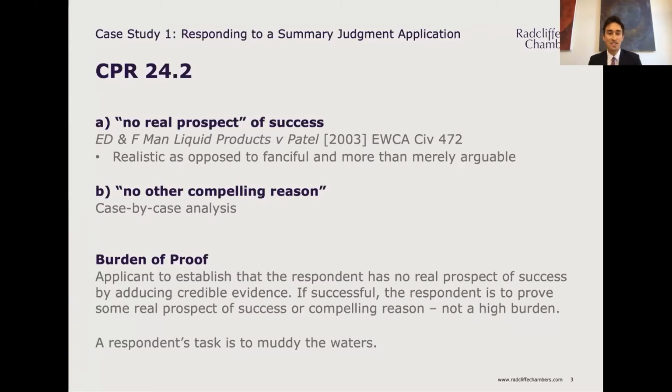Now, if they do that, it is for the respondent then to prove a real prospect of success or to demonstrate a compelling reason. Now, this is not a particularly high burden, but it's important to note that burden of proof does shift.